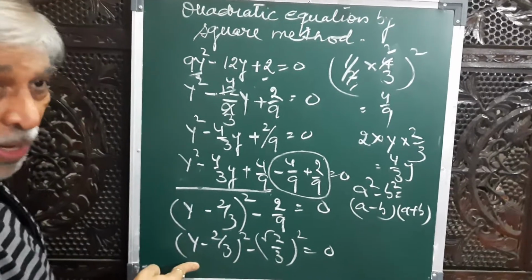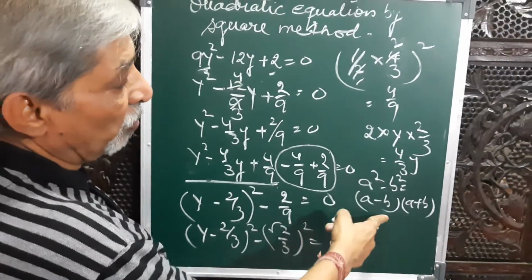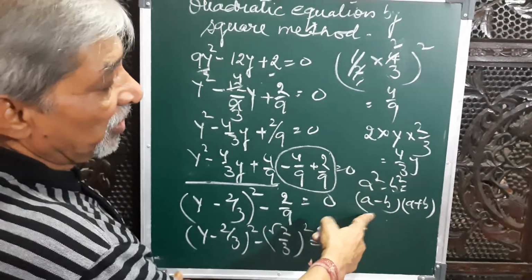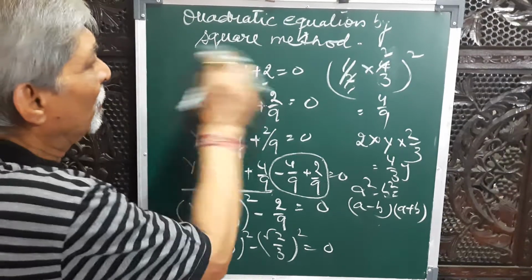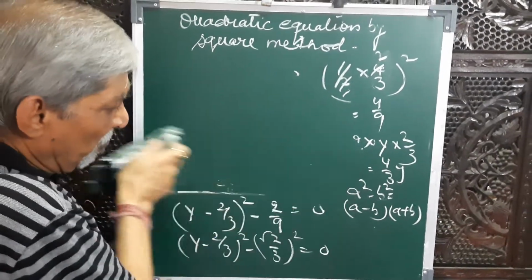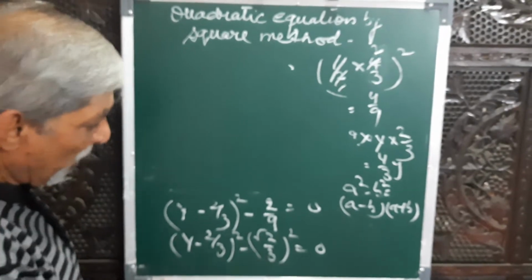This is a squared and this is b squared. So now factorize on this formula: a squared minus b squared is equal to a minus b into a plus b.